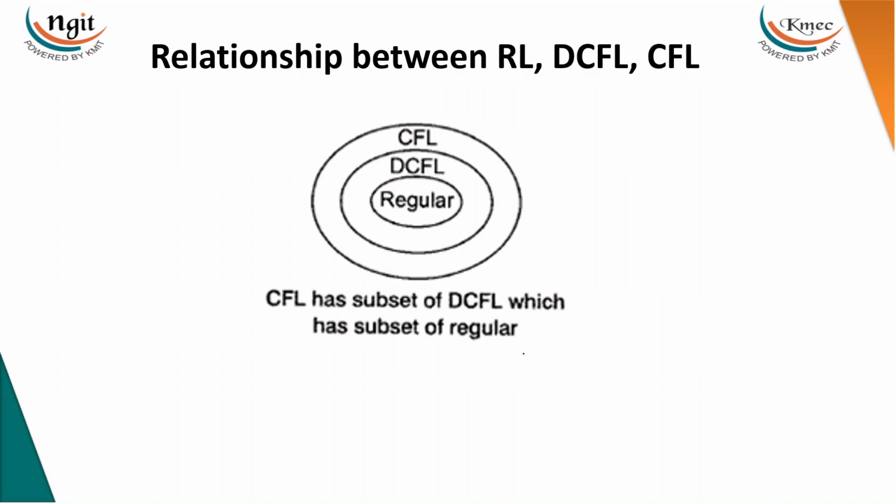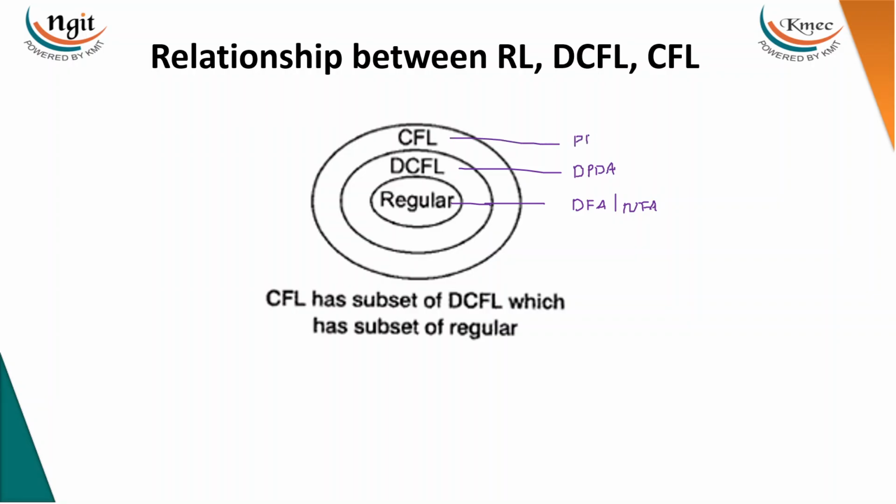So if a language is accepted by a DPDA, those are called deterministic context-free languages. If they are not accepted by a DPDA but by an NPDA, they are called CFL. So regular means either it should be DFA or NFA. DCFL means only DPDA.